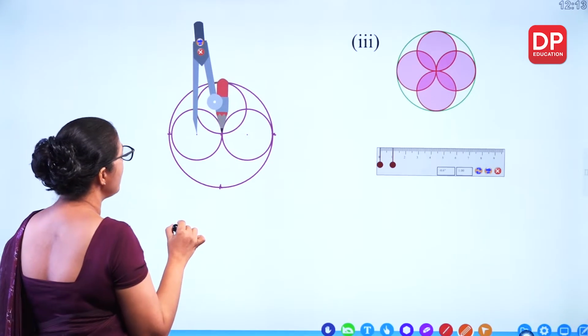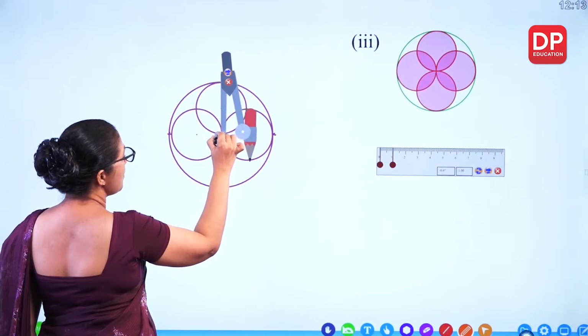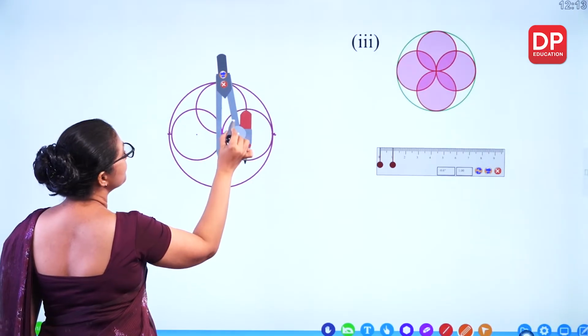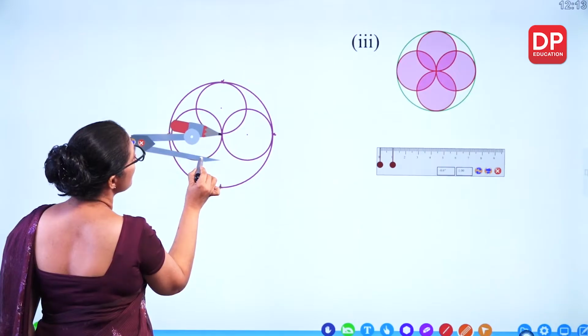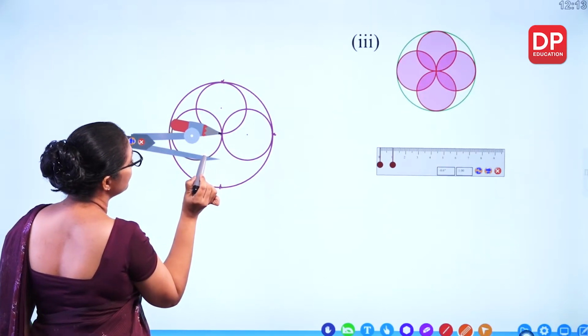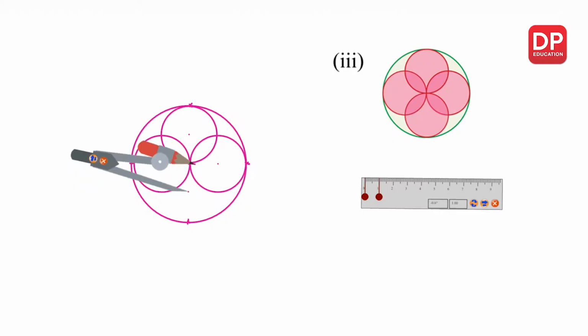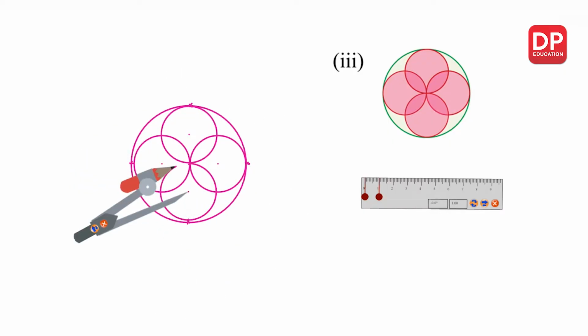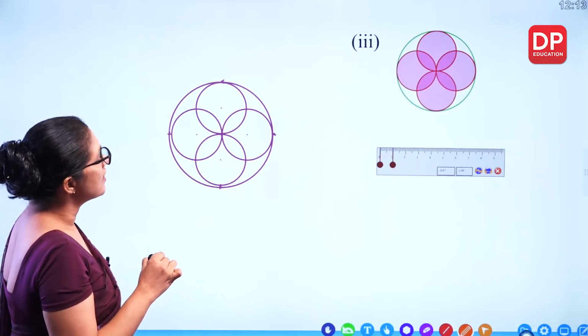And the fourth one in between these 2. So we'll take in between these 2. And passes through the center. Now we'll draw the other circle. So those are the 4 circles inside.